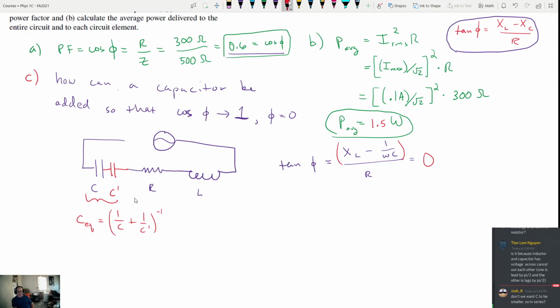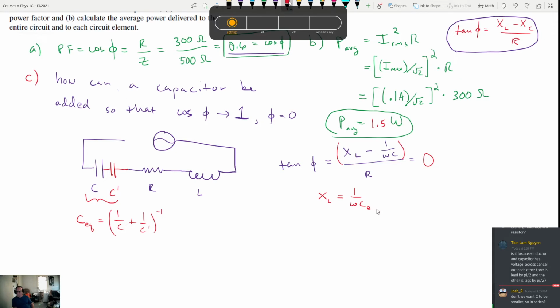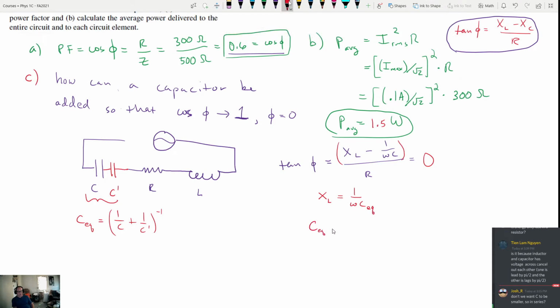And what we know is we want this to be equal to 0, which means that XL has to be equal to 1 over omega C. And we know the value of XL, so we can find the value of C, right? So CEQ has to be equal to, what is it, XL times omega?